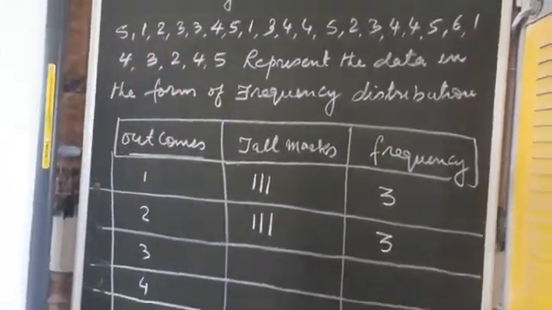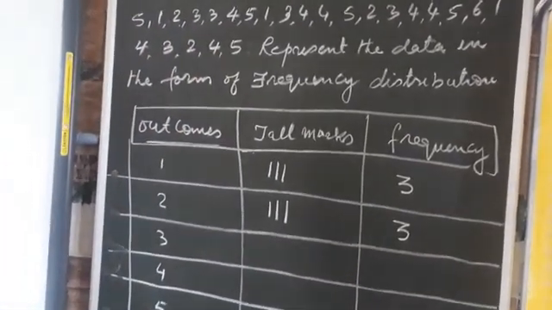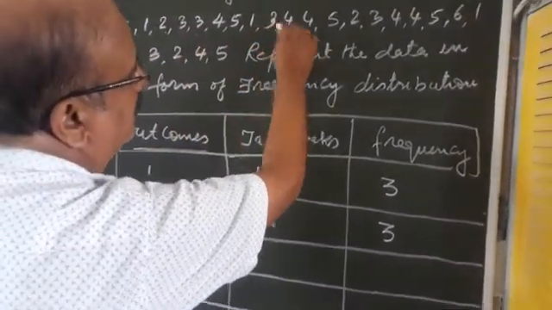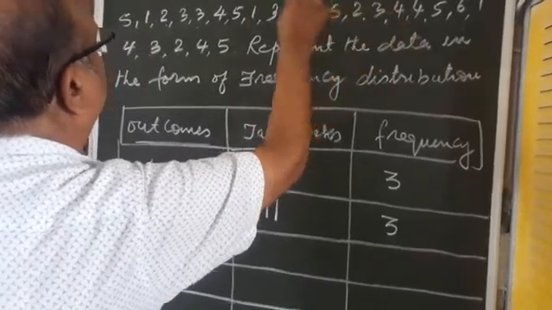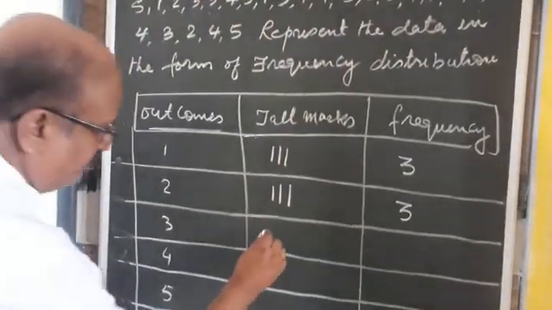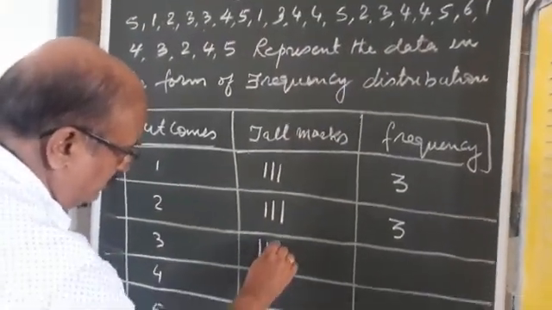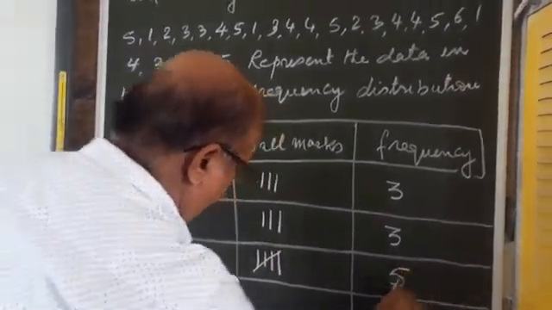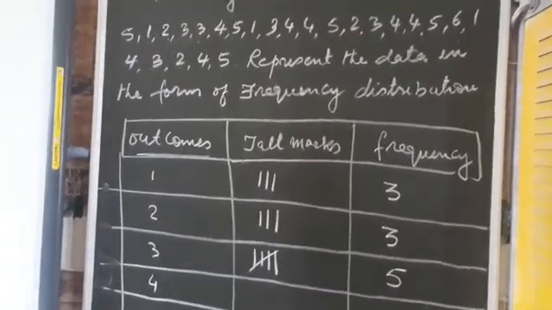Correct? Then we see 3. 3 is occurring 1, 2, 3, 4, 5 times, so 1, 2, 3, 4 and we put a slash across, and we write here 5. Clear?